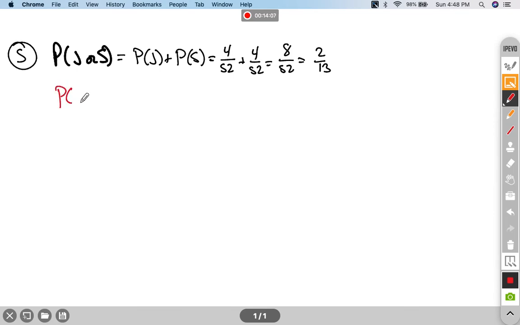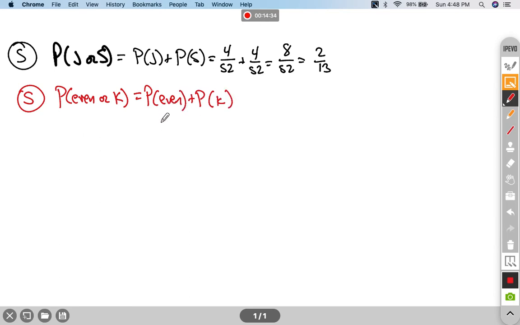Probability of even or king. Again, you can't be an even numbered card and a face card, so these are mutually exclusive. We're going to use the special rule: probability of even plus the probability of being a king.